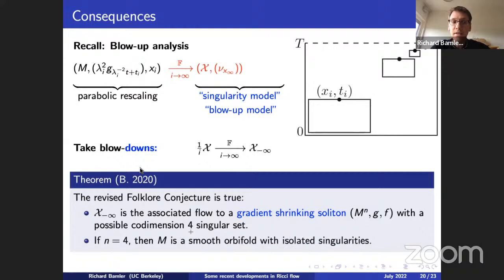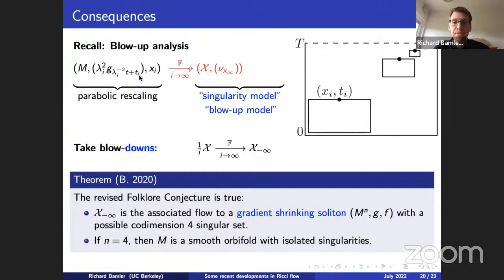And even better, in dimension 4, M is actually a smooth orbifold with isolated singularities, just like in Appleton's example. Okay? So the blow down of a blow up is a gradient shrinking soliton. Or in other words, I could also somehow adjust these lambda i's slightly, make them slightly bigger in every step. And if I do this carefully, then I could even see a gradient shrinking soliton in the first limit.